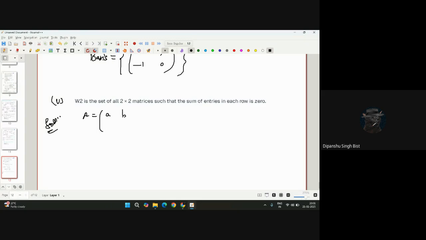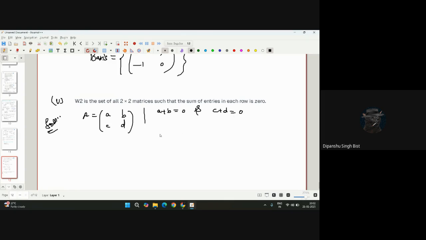Usually, if I take any 2 cross 2 matrix, it is A, B, C, D. But it imposes an additional condition such that A plus B equal to 0, and C plus D equal to 0. Sum of row is 0.